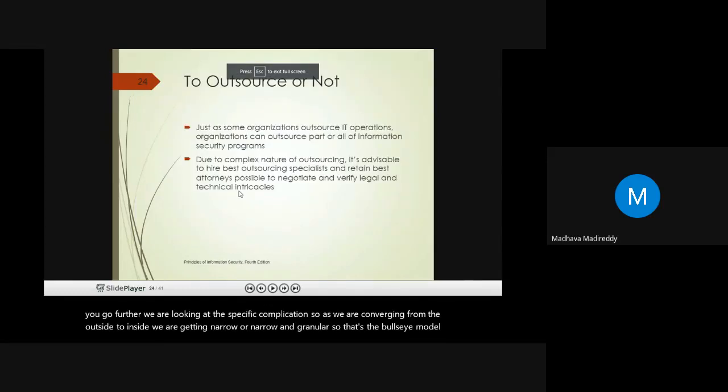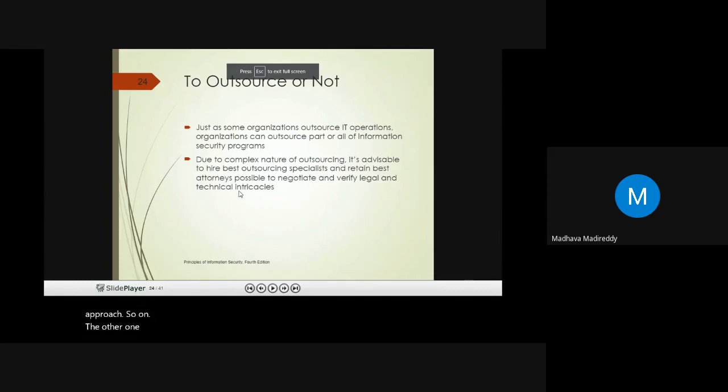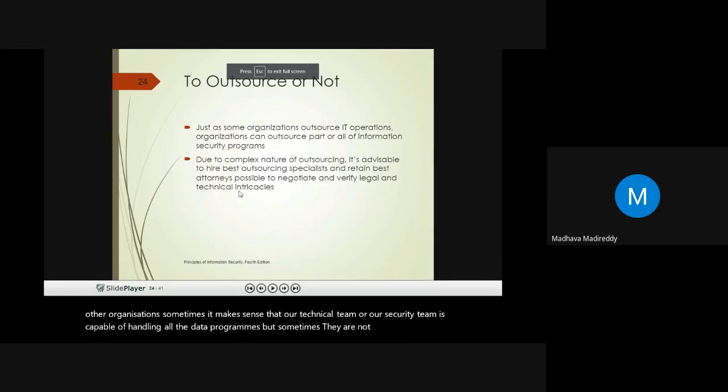The other thing we need to understand is what tasks or activities we need to outsource to other organizations. Sometimes our technical team or our security team is capable of handling all the data programs, but sometimes they are not. In that case, we need to check whether any organization can take a part of our security program, and then maybe we'll pay a little bit for them.